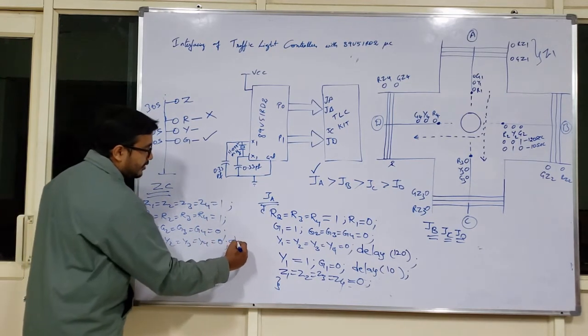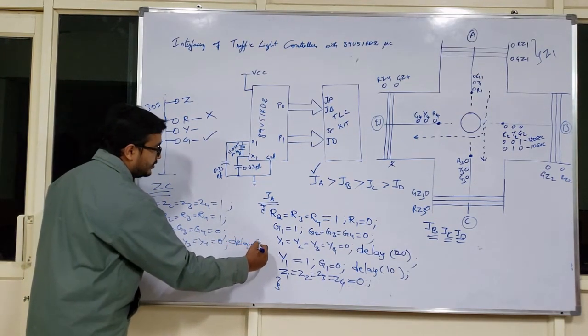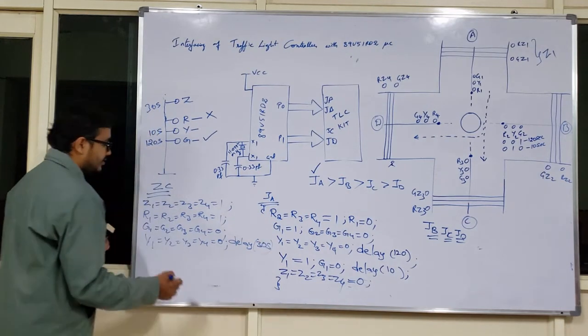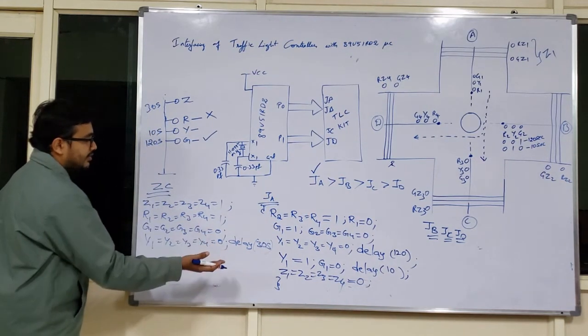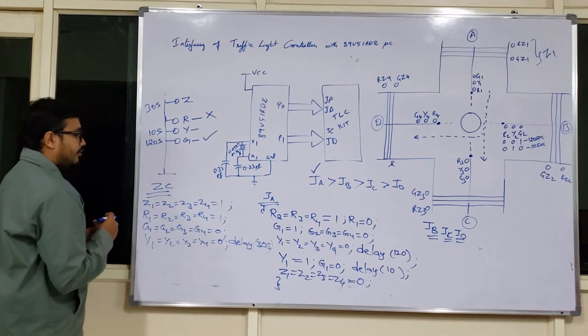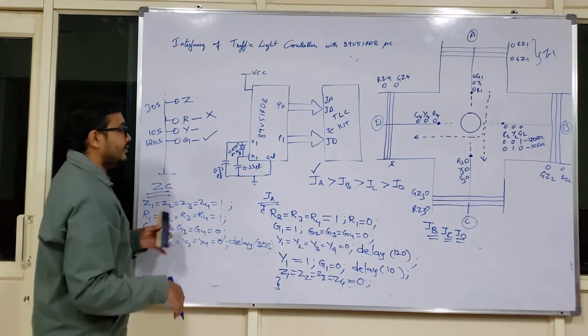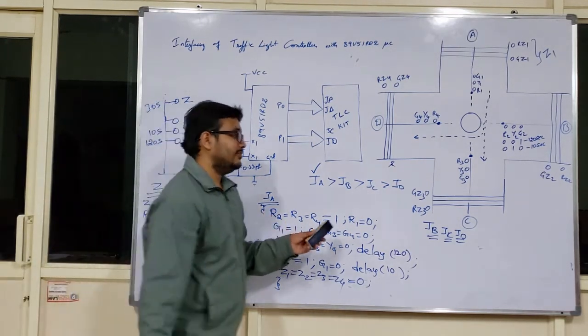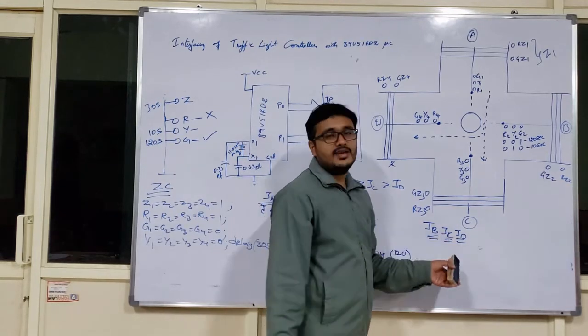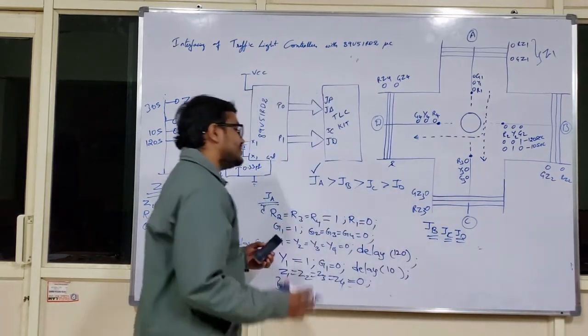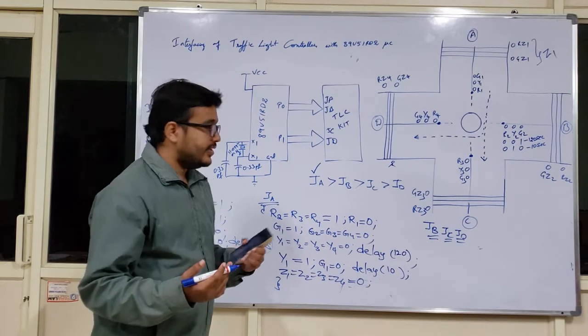This should be sustained for how much amount of time? 30 seconds or 30 time iterations. Immediately after this 30 seconds, what happens? Again, the junction A activity starts, junction B activity starts, junction C as well as junction D. In this way, a cyclic process will happen.